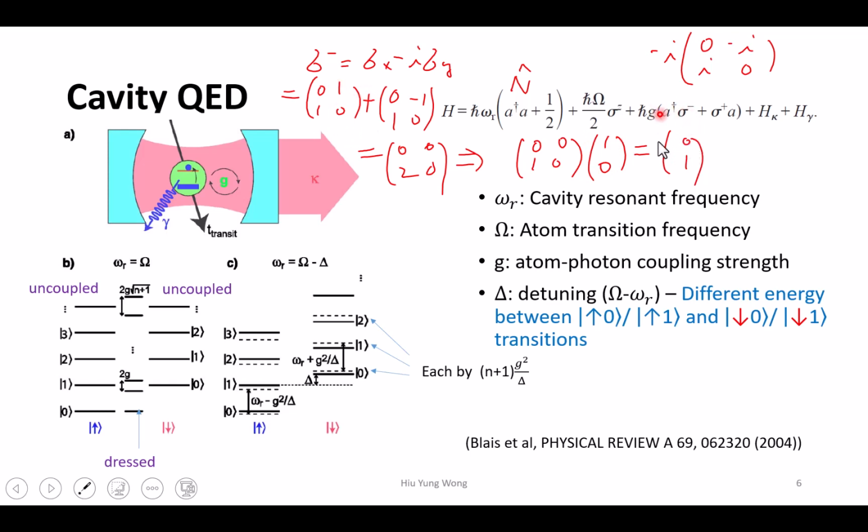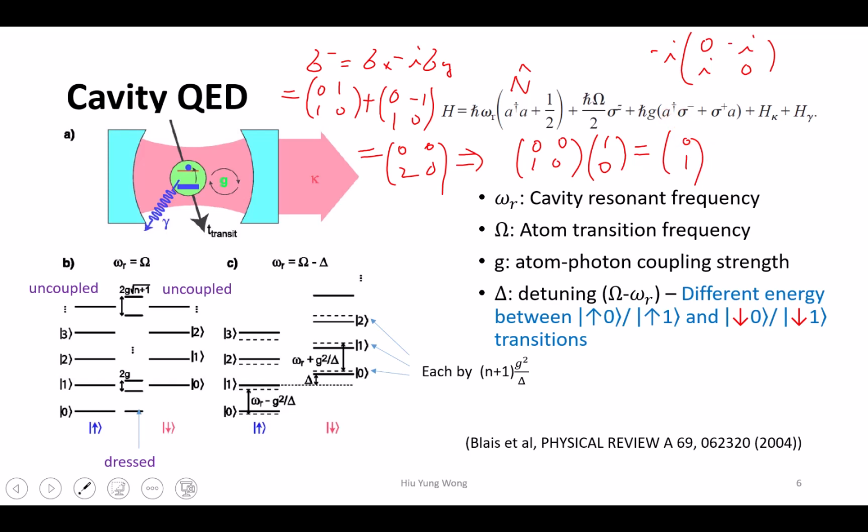If you apply this to the ket of this combined system, it is saying that I move the energy from the high level to the low level, and then I increase one photon by A dagger. The other term is saying that I remove one photon, but I excite the atom by sigma dagger. Sigma dagger is the raising operator, bringing me from the ground state to excited state, right?